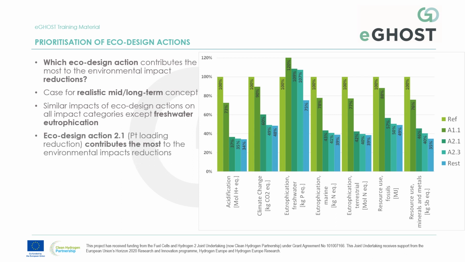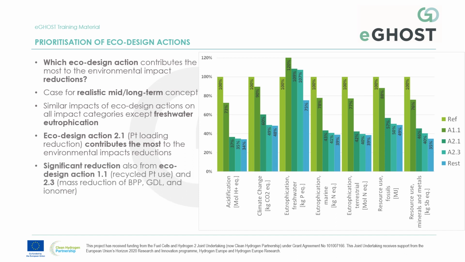In general, ecodesign action 2.1, which is reduction of platinum loading, contributes the most, but we also have significant reductions from ecodesign action 1.1, which is use of recycled platinum, and ecodesign action 2.3, which is the mass reduction of bipolar plates, gas diffusion layer, and ionomer.